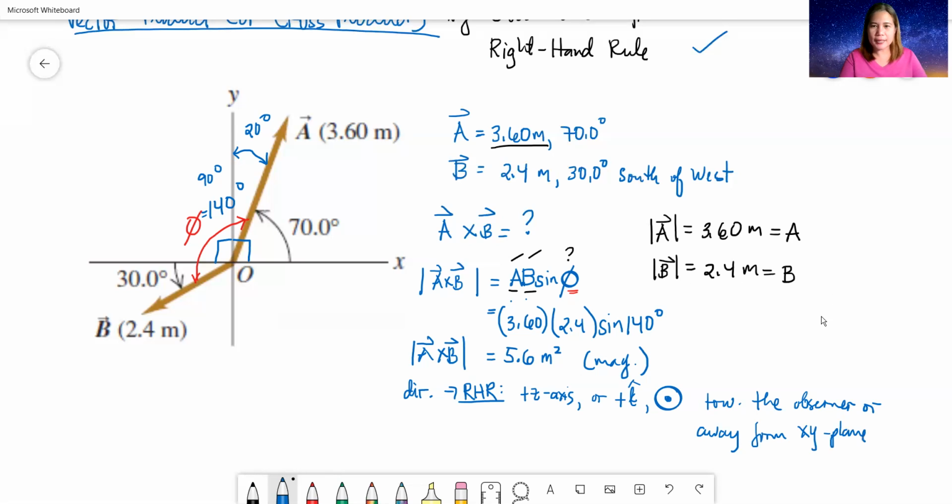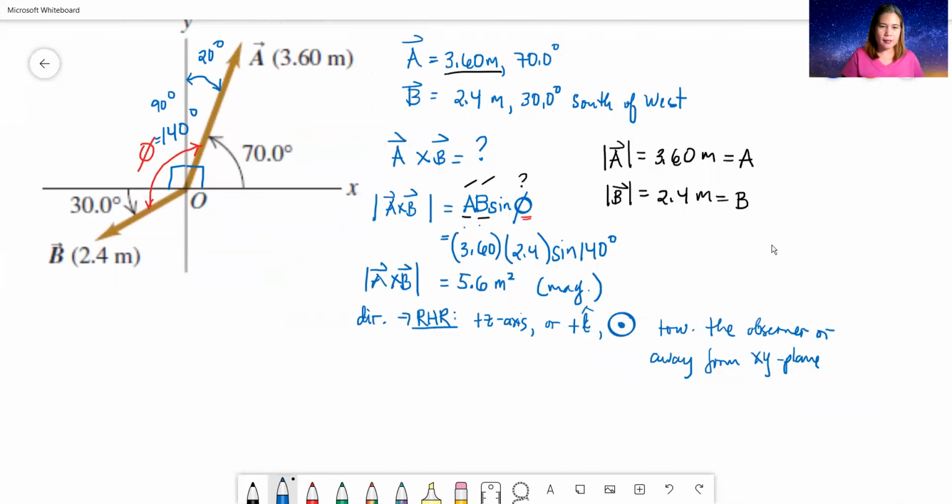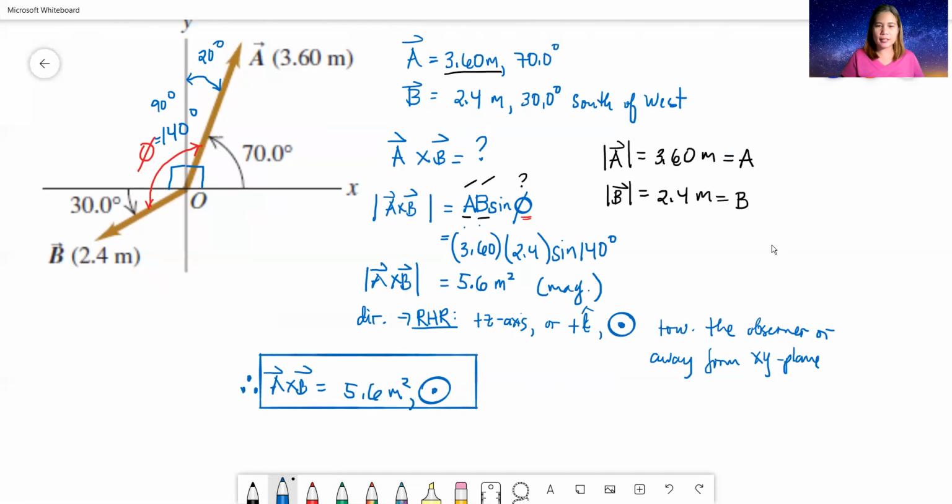So in our final answer here, we'd say, okay, therefore, A cross B. Let's give now the magnitude. It's 5.6 square meters. And then I could just say, ta-da, like that. If you don't feel like writing the direction that way, you can either choose this one or this one.